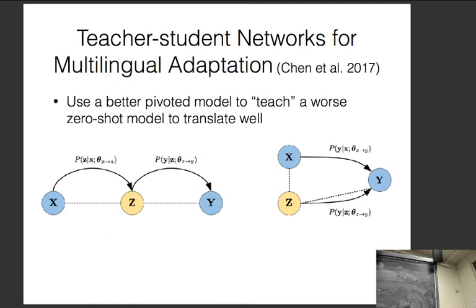And so what they did was they created a teacher network that uses this pivoting method to calculate the probabilities of generating a particular output, and then they use this model to teach a zero-shot learner, or to teach a single model to translate between all of the languages. And they had significantly more success in training a single model that works on lots of languages than if you tried to do it without doing this.